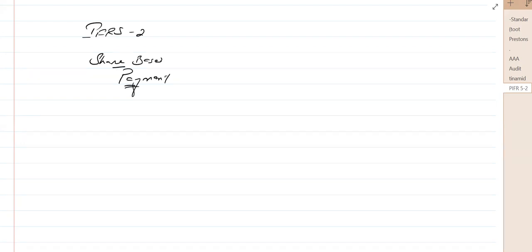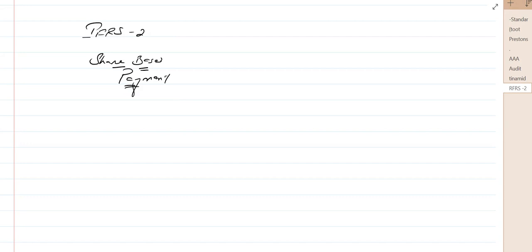Now, I told you that you need to know the accounting standards. The logic for that is that you are auditing the financial statements which are prepared using the standards. That means that standards are applied in the preparation of the financial statements. So say, for example, there's a company who has given share options to their directors.